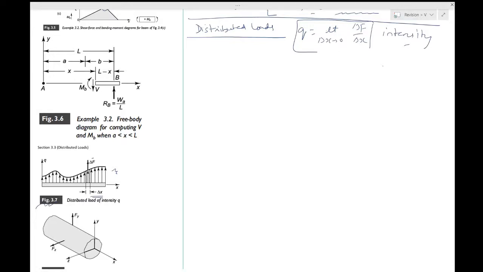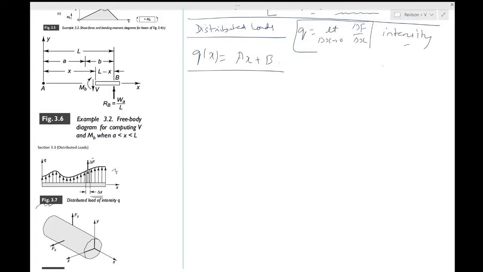So in engineering work, the most common distributions are the uniform distribution, where q(x) is constant, and linearly varying, so q(x) can have a form like Ax plus B. This is a linear variation of intensity, and we have just seen an example of a fluid in a container. Even lithostatic pressure is similar.